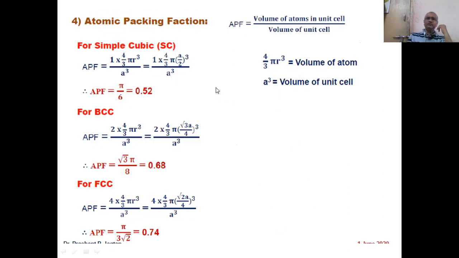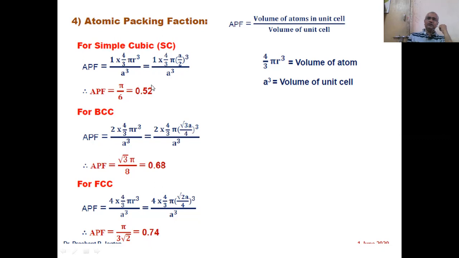From the examination point of view, there will be a question like this: show that the atomic packing fraction for simple cubic, body centered cubic, and face centered cubic are pi by 6, root 3 pi by 8, and pi upon 3 root 2. This we have to prove.